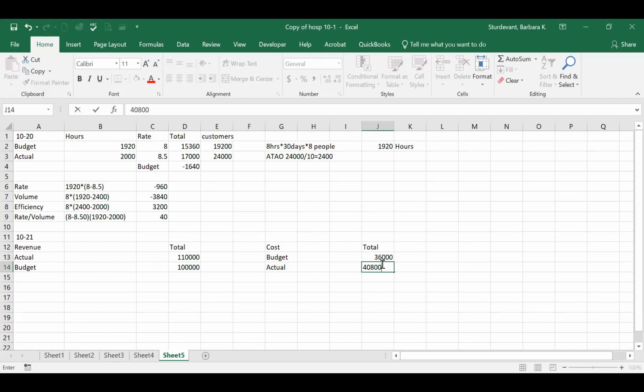So we have a food cost variance of 4,800, which is simply this minus this. Okay. Number of covers budgeted and actually served. So this is going to go on both of them.